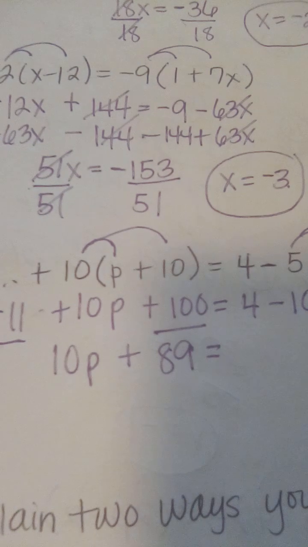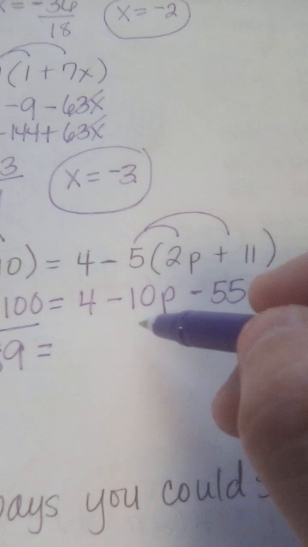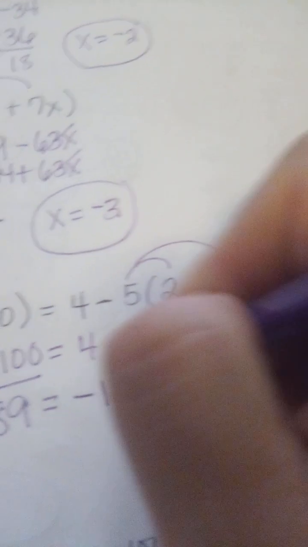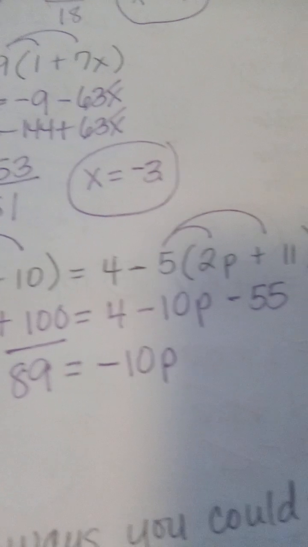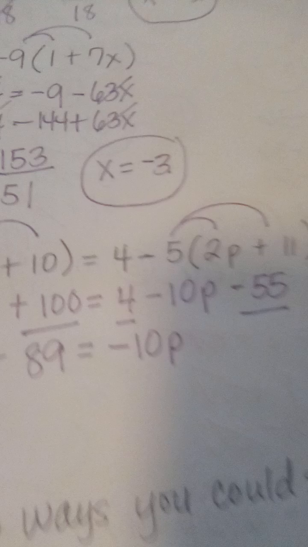Okay. Now we're going to the right side. We have the negative 10p on that side, done. What is a positive 4 minus 55? The answer would be a negative, right?